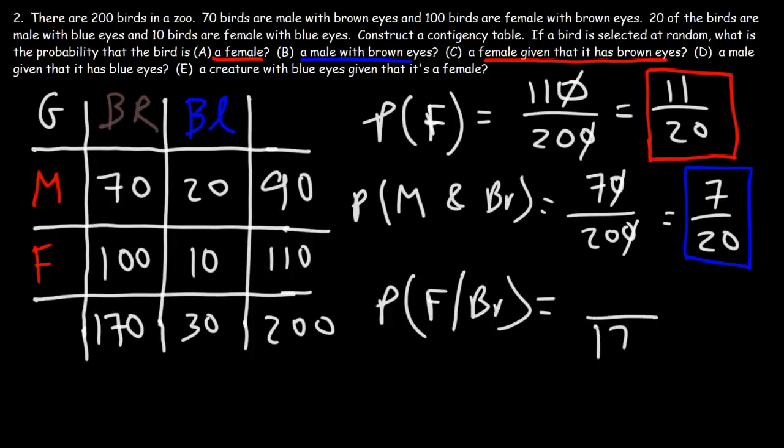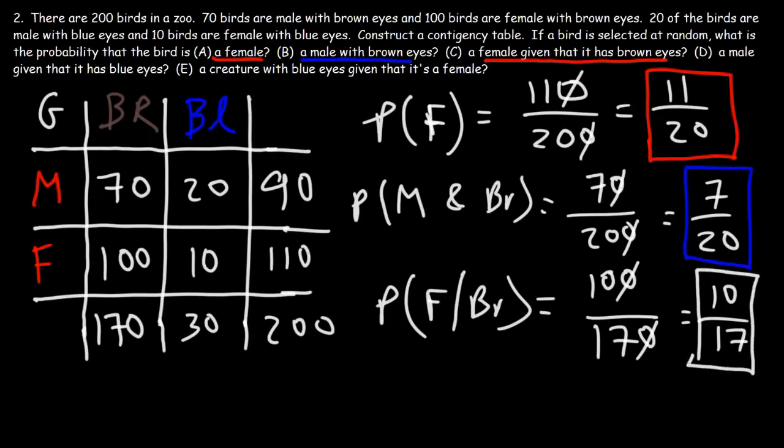So there's 170 birds with brown eyes. 100 of those birds are female. So it's going to be 100 out of 170, which reduces to 10 over 17. Now, if we divide 10 by 17, that's going to be 0.588.